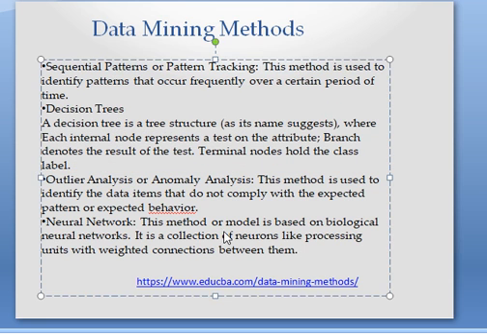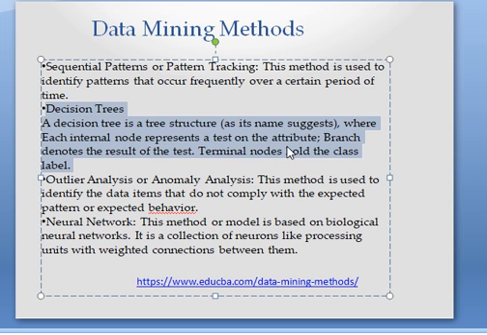Okay, sequential pattern or pattern tracking. It's more about events happening in a sequence. For example, video monitoring. And decision tree. A decision tree is a tree structure. I think some of you have already seen that.